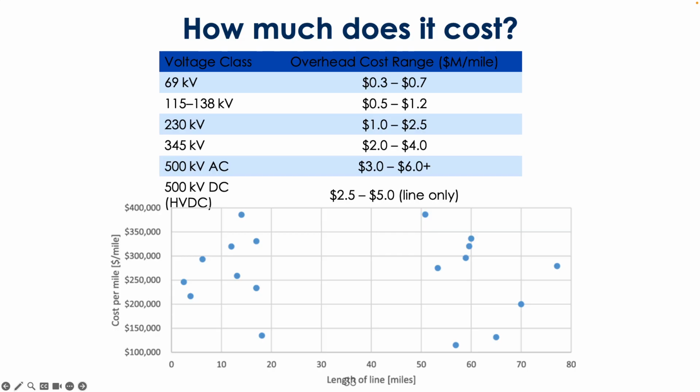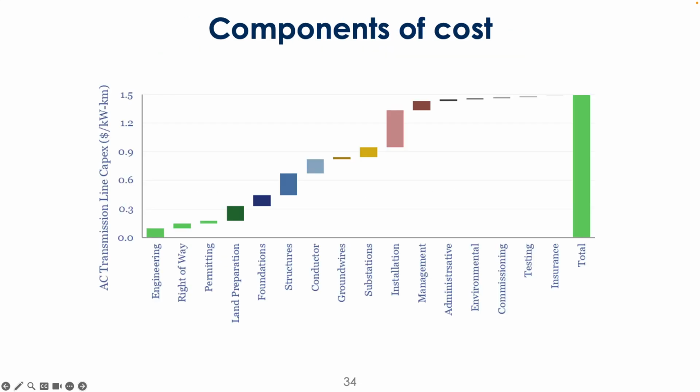You brought up a great point with terrain, but excluding terrain, if you normalize for voltage, would you expect it to get more linear? Yeah, you would. But the purpose of this is showing that besides that particular component, there are a lot of other things that are going to mess with your total costs, right?